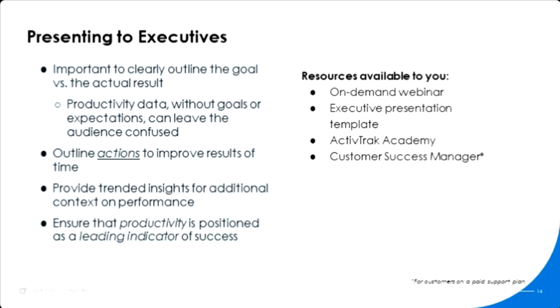Oftentimes, executive meetings and discussions are so much about what has happened and what needs to happen in the future. And as a result, it's frequently too late, or if it's not too late, it's later than you want it to be. And so making sure that you're positioning these insights as leading indicators of what's to come helps make this a really fruitful conversation around how to get ahead of the results and the performance needs that your business has.